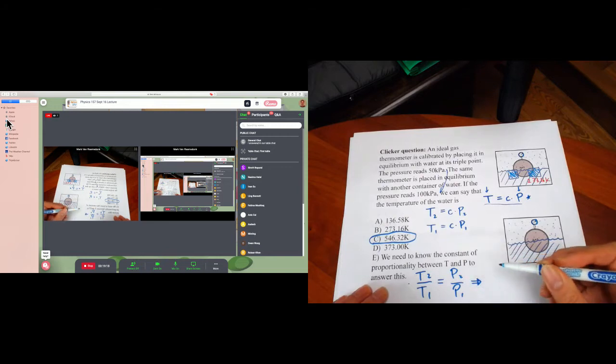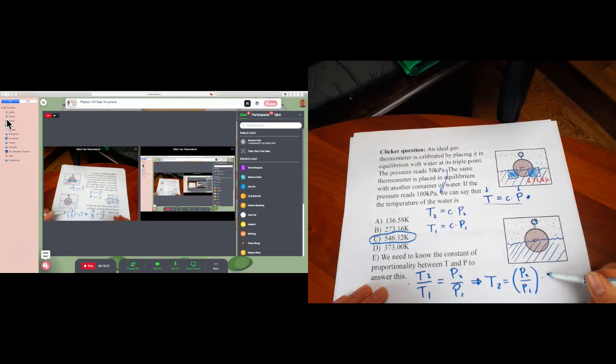So T2 is equal to this ratio of pressures times the original temperature, and in this case the ratio is just 2. If I had told you that the new pressure was 150 kilopascals, your ratio of pressures would be 3, and you'd multiply that triple point temperature by 3.